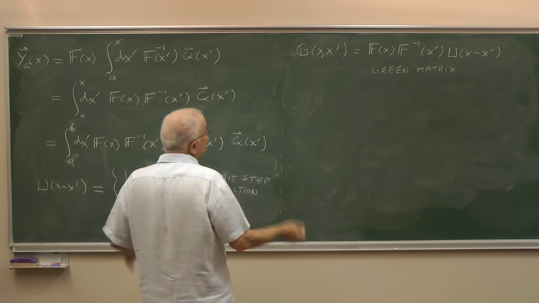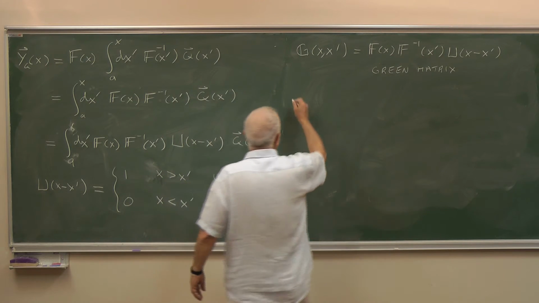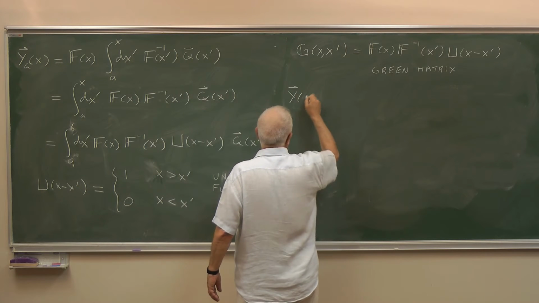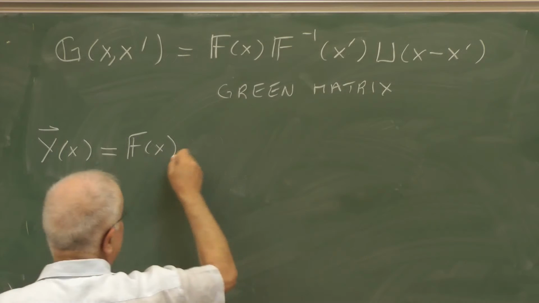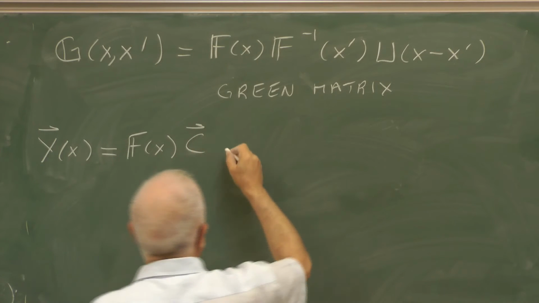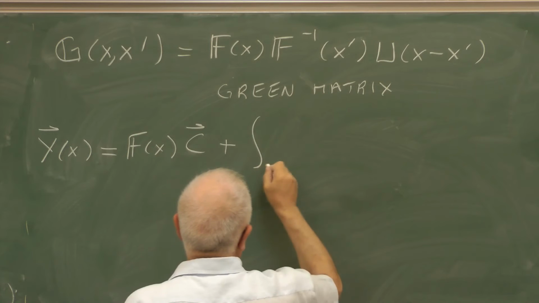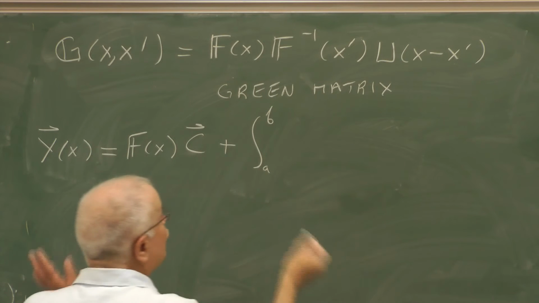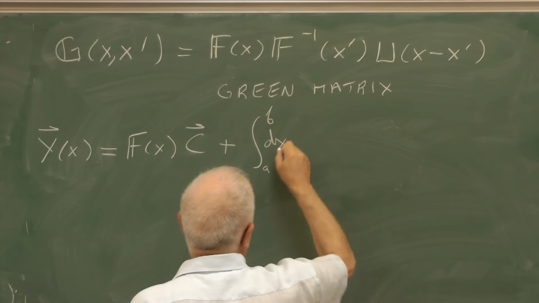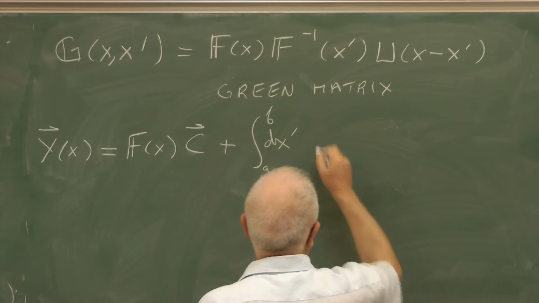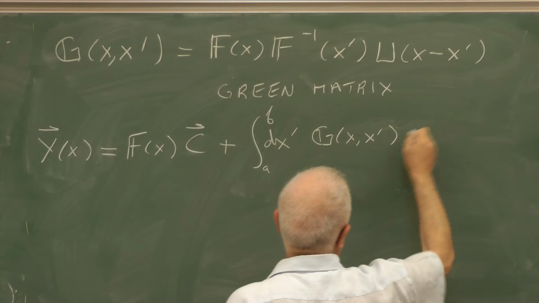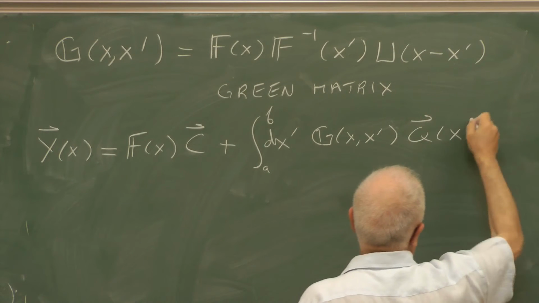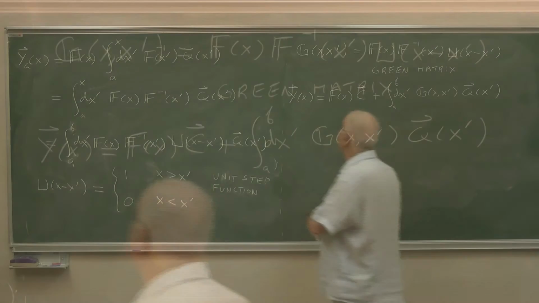And how about the most general solution? The most general solution will be y of x equals the fundamental matrix times an arbitrary constant vector c plus an integral over the whole range over the variable dx prime, G of x, x prime, q vector of x prime.